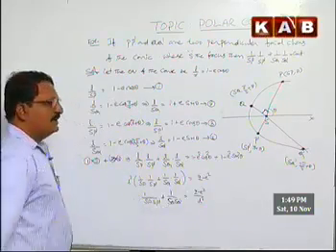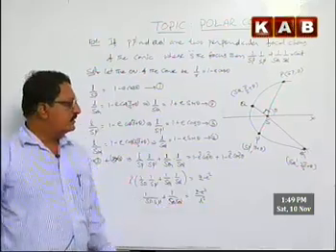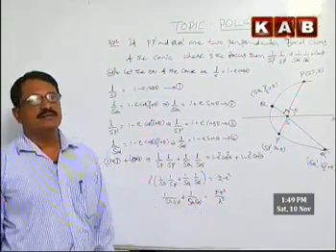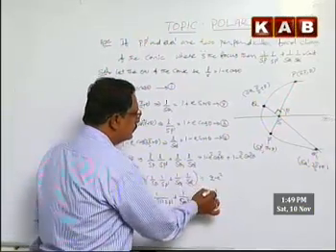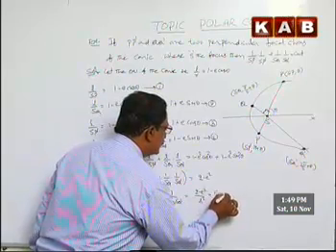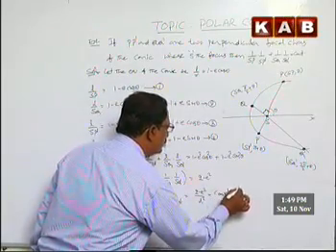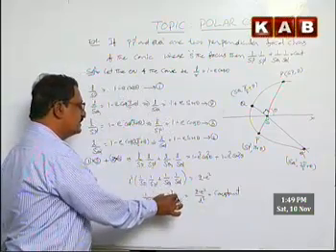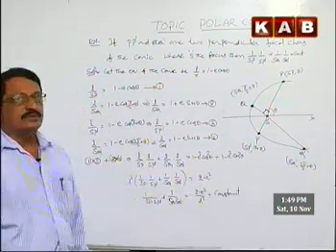In any conic, eccentricity is constant and length of the semi-latus rectum L is also constant. Then 2 minus E square by L square is also constant. Therefore, 1 by SP into SP dash plus 1 by SQ into SQ dash equals to constant.